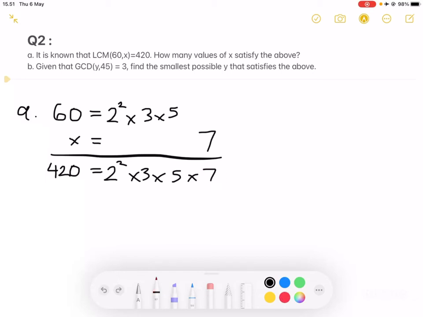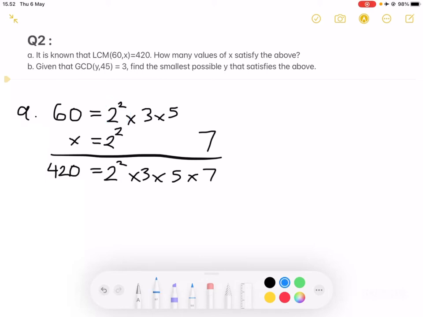Alright, so let's see what we can observe here. Let's first observe this base 2 column. The LCM has 2 squared, and 60 has 2 squared, and therefore x could have a factor of 2 to the 0, or just 1, meaning it doesn't contain a factor of 2 at all, or 2 to the first. That also works, since we can choose the greatest power, or 2 squared.